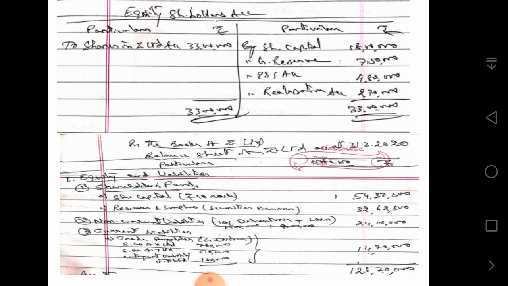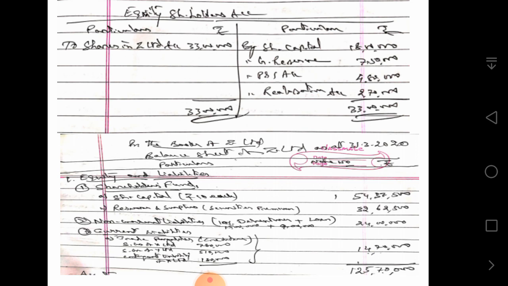Balance sheet as at 31st March 2020. It is done as per the format given. Equity and liabilities, shareholders' funds, share capital of 10 rupees each. It is 54,37,500. Reserves and surplus, securities premium 32,62,500.